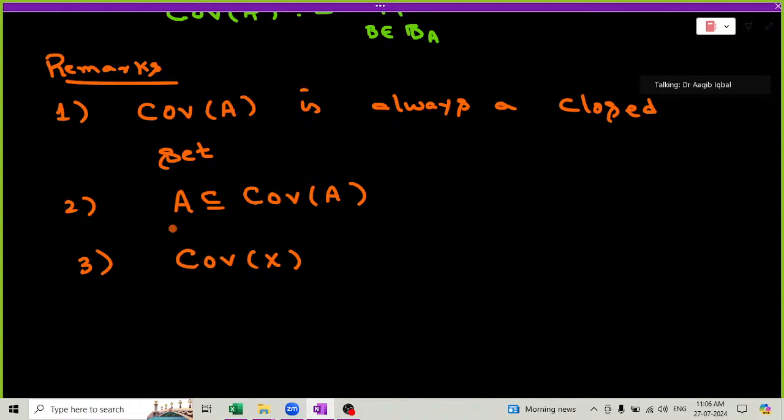If you use the second observation, you can immediately see that it is actually X. Okay? Fourth, what will be the cover of the empty set? You can prove that it is actually equal to the empty set. The cover of the empty set will be the empty set.